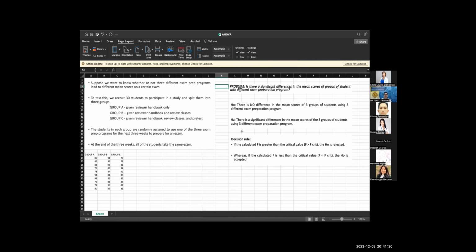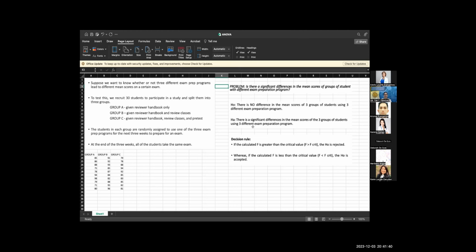So we have to choose our type of tool to test our hypothesis, and because we have 3 samples given, the best type of analysis to be used for this is ANOVA.